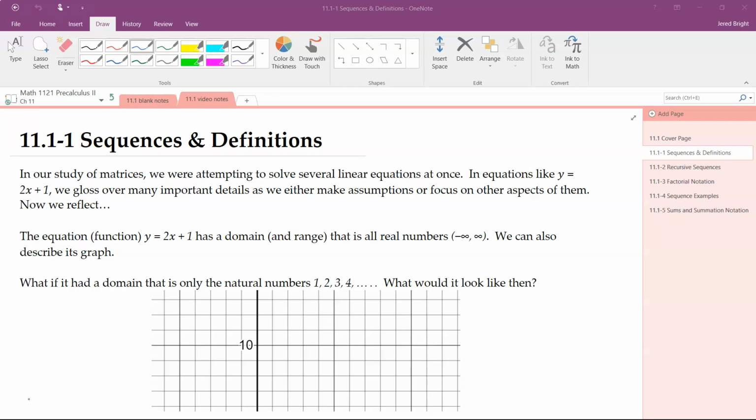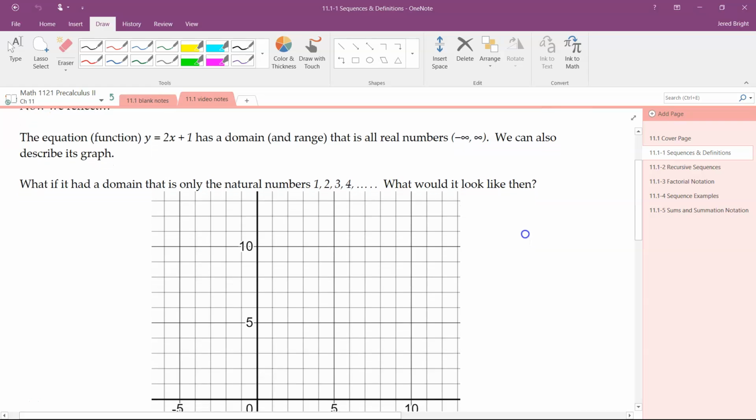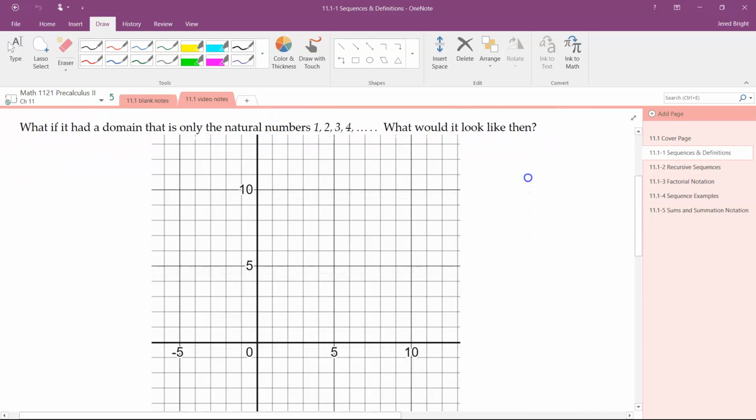But now I'm curious, what if we look at a different domain? Our maximal domain is all real numbers from minus infinity to infinity. But what if we looked at a different domain that is only the natural numbers?